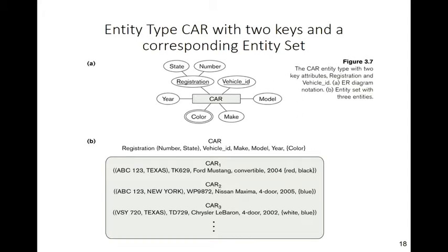So for car, we have a registration made up of the number and the state, the vehicle ID, and again, typically what they don't have on here, but you would really have in reality, is those would be underlined to indicate that those are the keys. So I don't like the fact that they didn't do that. But make, model, year, and in color, we have those in braces because that's indicating that it's a multi-valued attribute. Okay, so any questions on that?